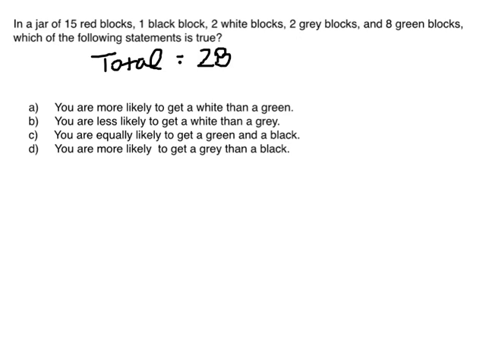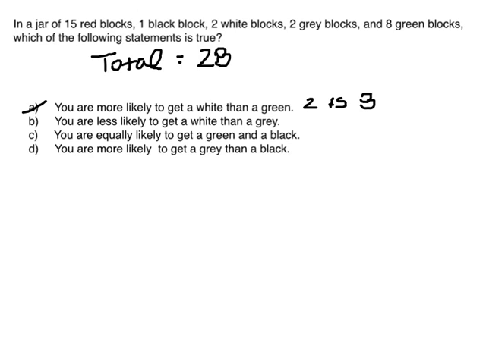A says you are more likely to get a white than a green. White, there's only 2 versus green, there's 8. So we're going to be more likely to get green. So A is not correct. B, you are less likely to get a white than a gray.